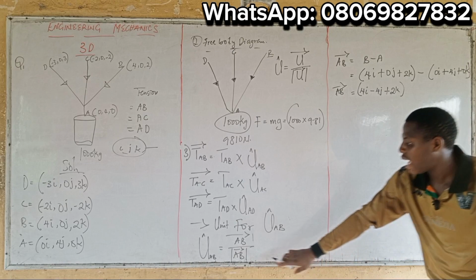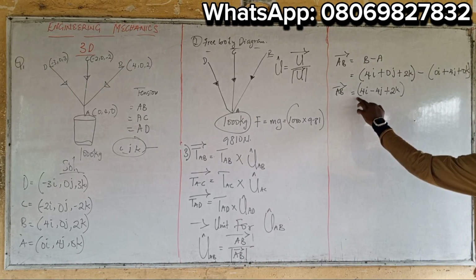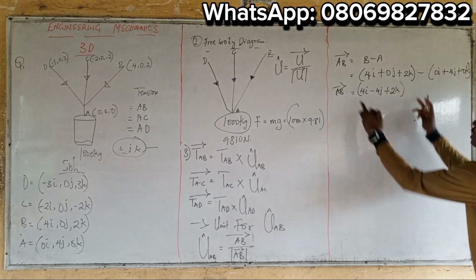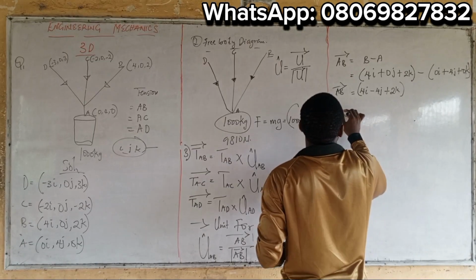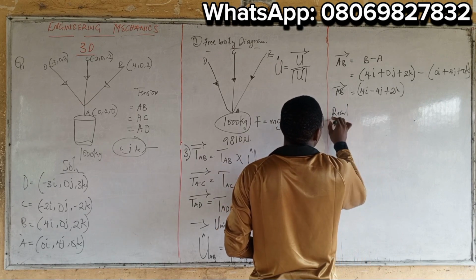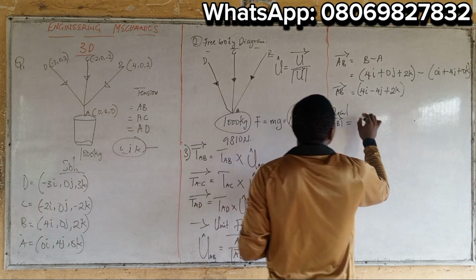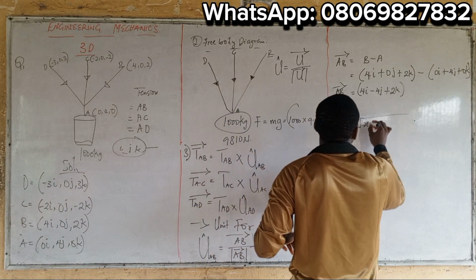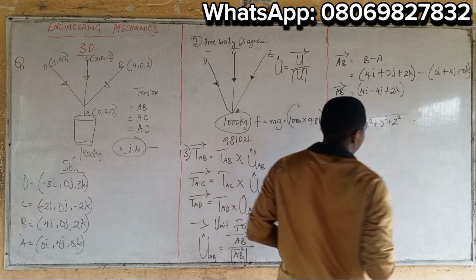Now the next thing is, how do you calculate the magnitude of AB? We already have the position vector, so let's get the magnitude for this. Recall, what did I say? To get the magnitude is simply the square root of x squared plus y squared plus z squared.